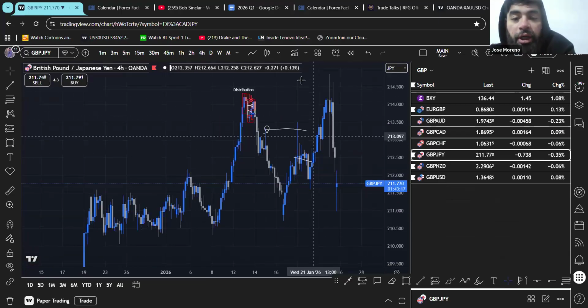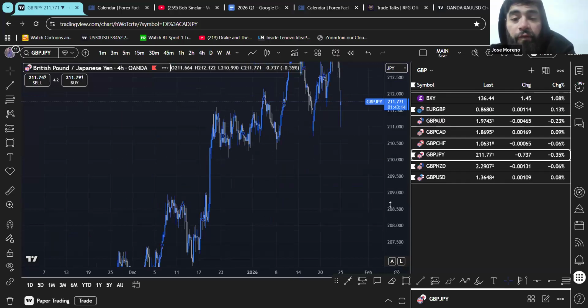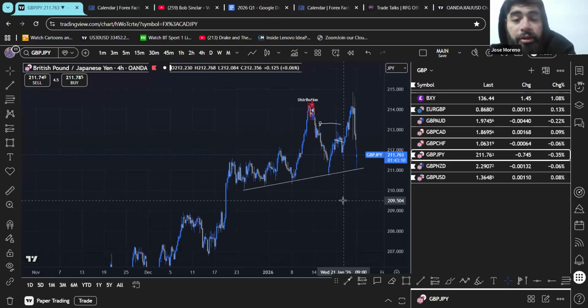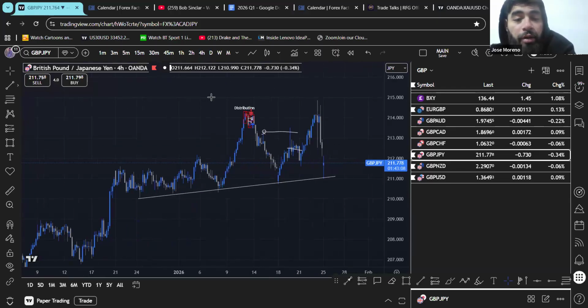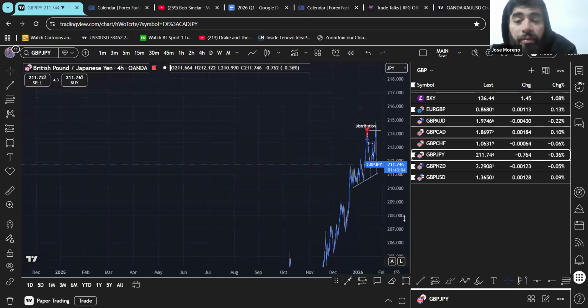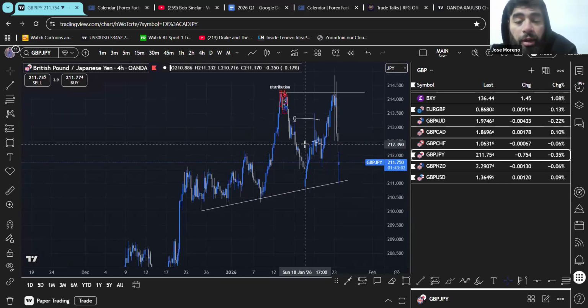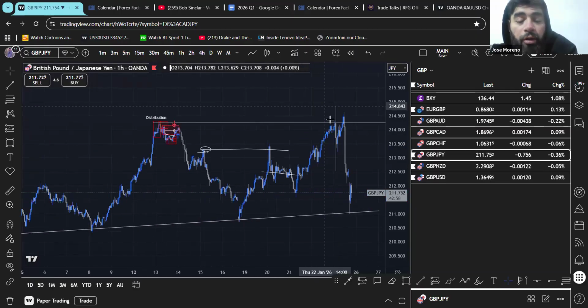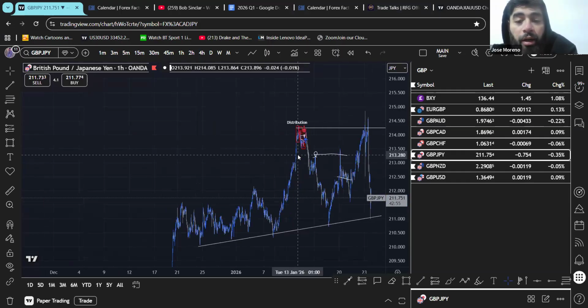So yeah, here we got GJ. Really same idea as what I'm seeing with UJ. It's looking like we could be distributing, right? The way that we created this new high over here, for me is not great. Not really ideal for what we want to see for bigger time frame buys up.